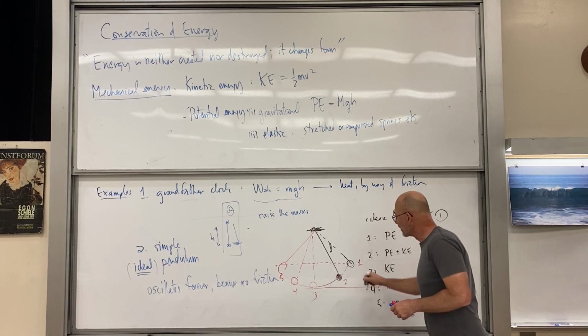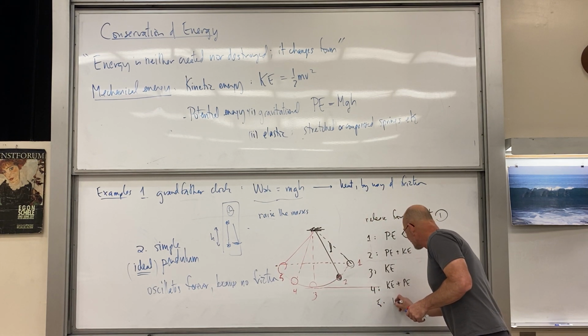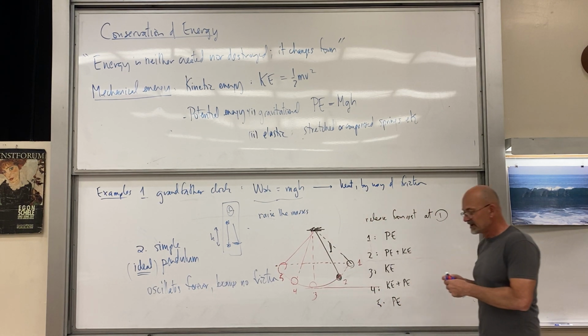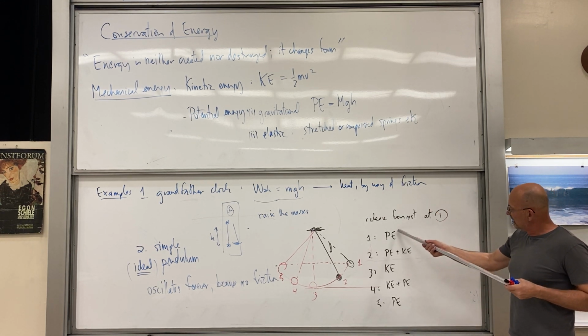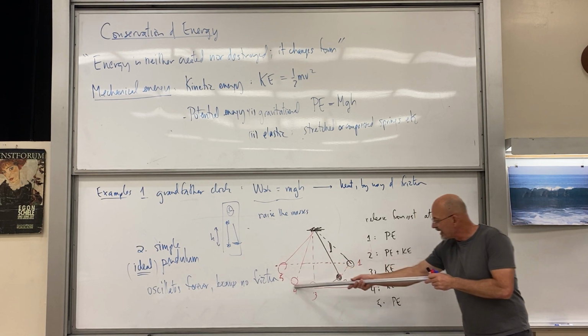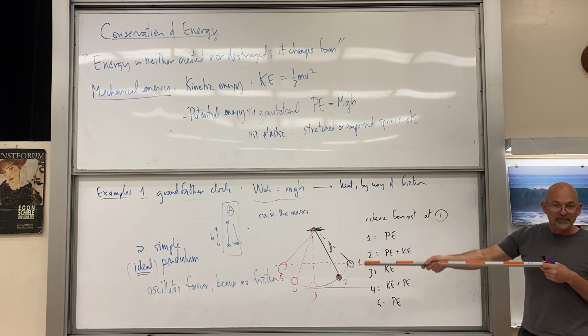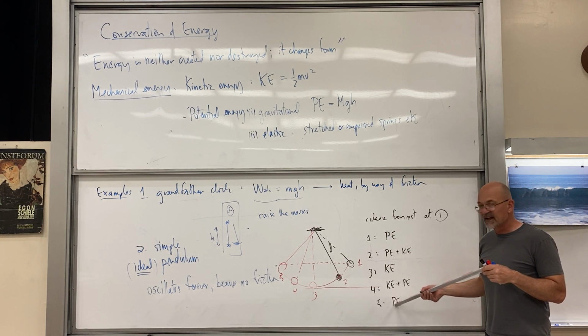And at the 5th point, over at the other side, at the original height that it has reached, it's all potential energy again. So this is what's going on with mechanical energy. It's just cycling through, and then on the way back, same thing. So the ideal pendulum is just going potential to kinetic to potential and back and forth.